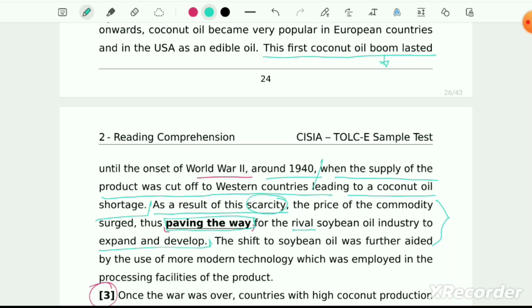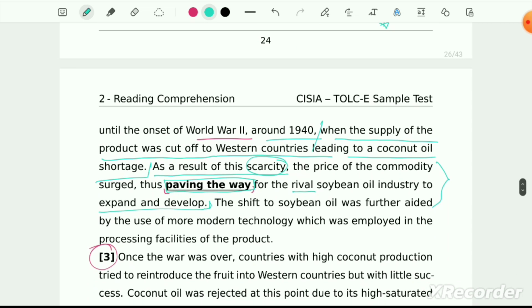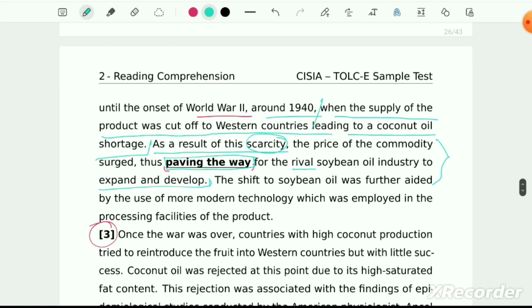There was a shortage, because they couldn't get the coconut oil from tropical countries like Asia or the Indian subcontinent. So it makes a scarcity, a lack of coconut oil in the Western countries. So the price of commodity, the price of daily things, surged, increased.